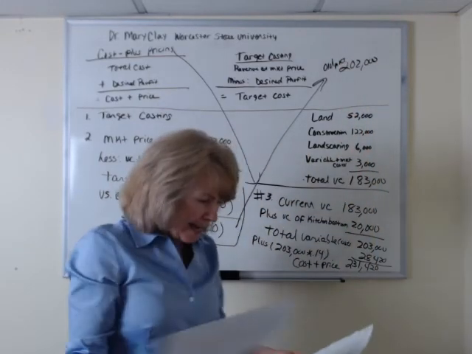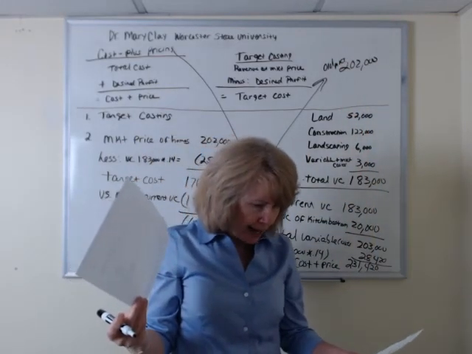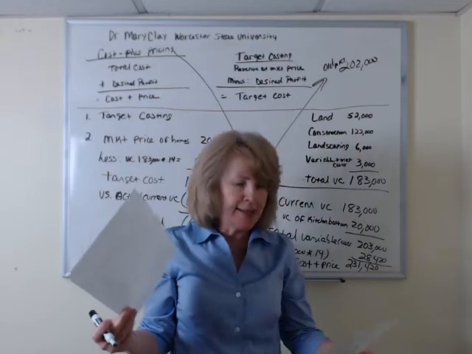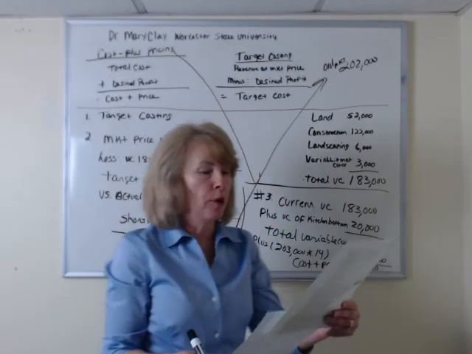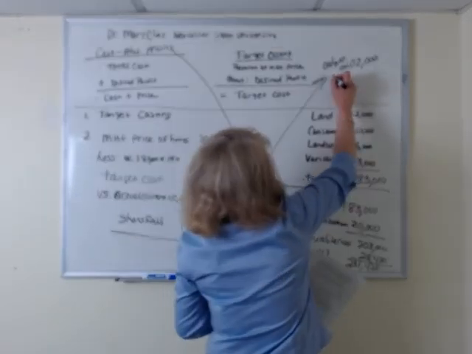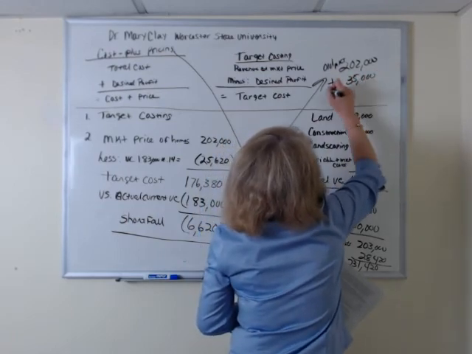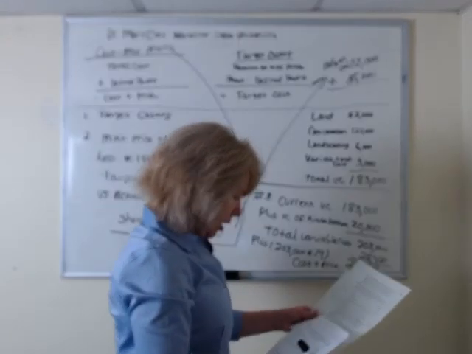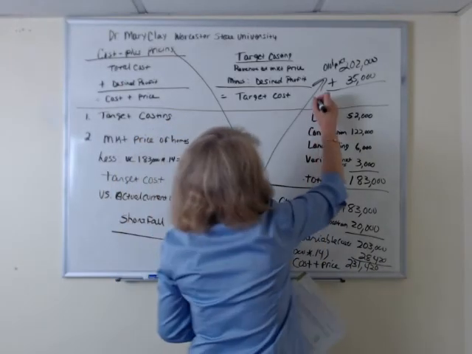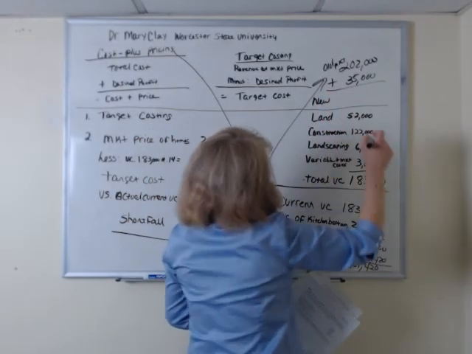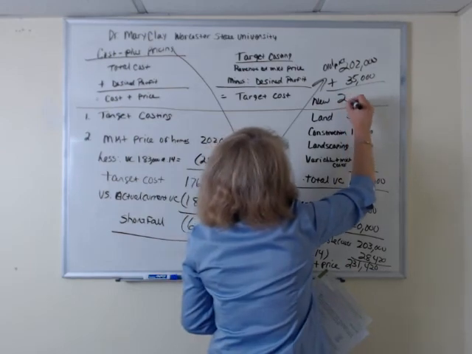And then I'm going to add in what they're saying they could get. All right. So they say they can increase the selling price by 35,000. So plus 35,000. And that will give me the new price of 237,000.